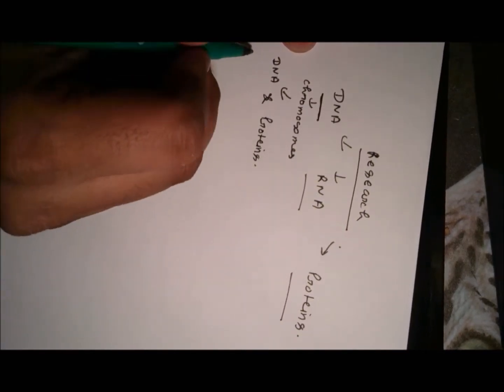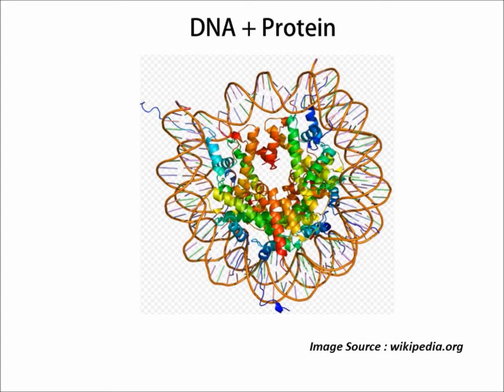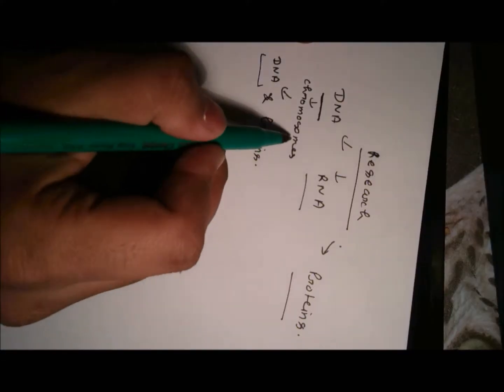What you will study here: either you will study DNA, the different structures and types of DNA, and how these different types of DNA regulate gene expression. At the same time, you will study the proteins. There are different types of protein present in chromosome.